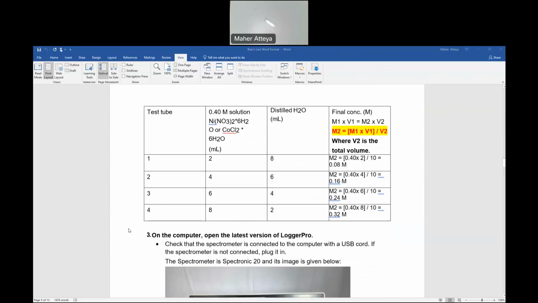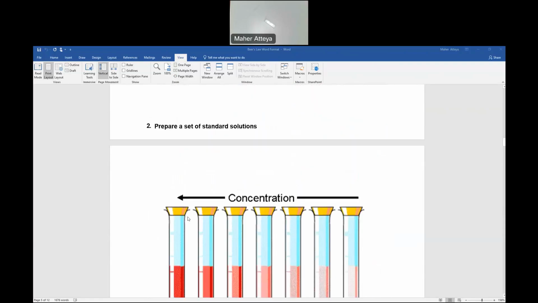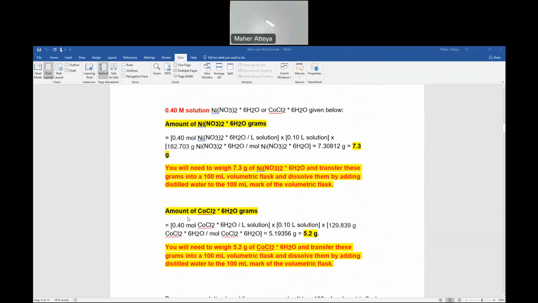So how many solutions do we have? We have 5. One is the stock solution, which will be in your volumetric flask. Correct, guys? That's your stock solution. If you have the red or the pinky one, that's cobalt. You dissolve 5.2 grams in the 100 mL volumetric flask, add distilled H2O, and shake very well.